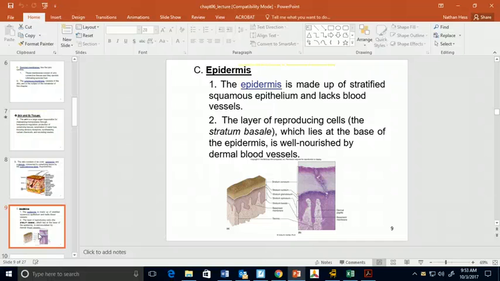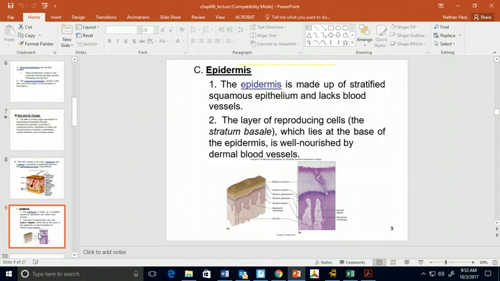Stratum spinosum, and you see that's that big thick layer. Then you have the stratum granulosum. The stratum lucidum is only present in places like the palms and the bottoms of your feet, the plantar surfaces. That's a thick layer. And then the most superficial layer is the stratum corneum.